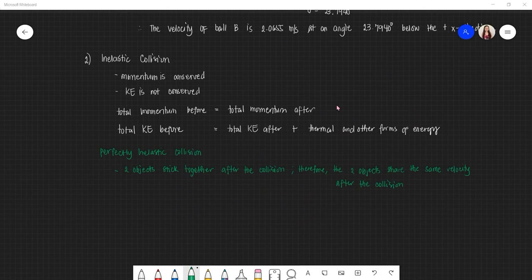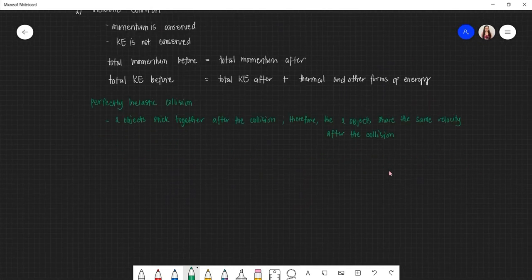Let's just solve another problem. So there was a railroad car A, which has a mass of 10,000 kilograms. We solved this problem.